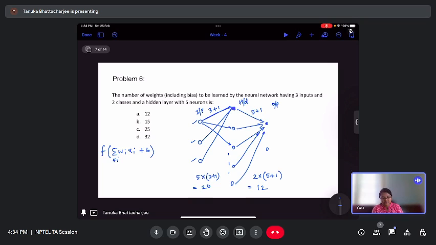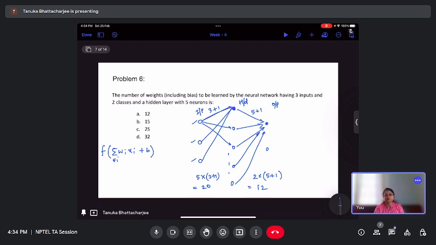In that case you will just have 1 neuron at the output and that will have just 6 values. It will just combine the 5 outputs of the hidden layer and 1 bias term. So the total number of parameters from the second layer will just be 6. Combining first and second layer it will be 26.